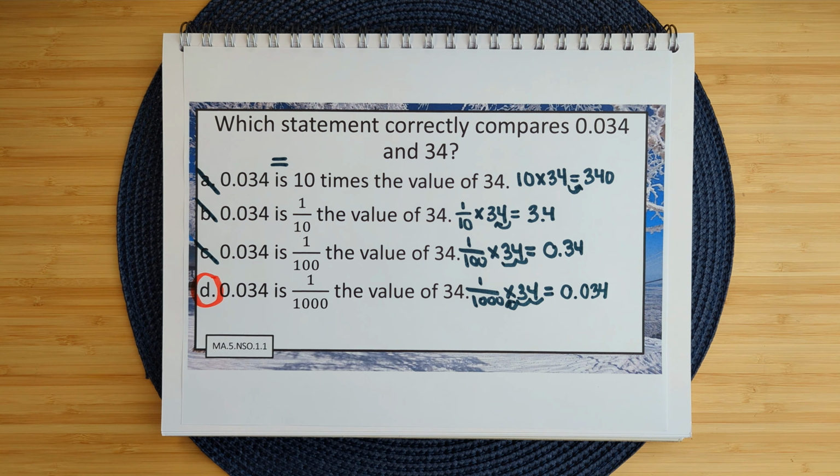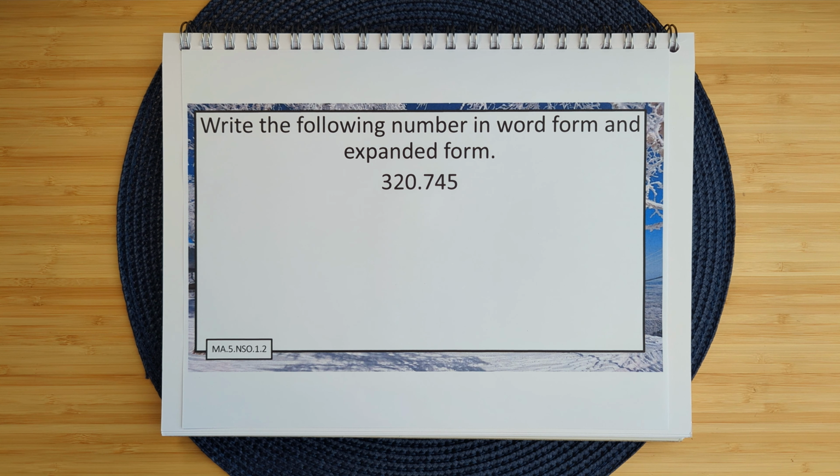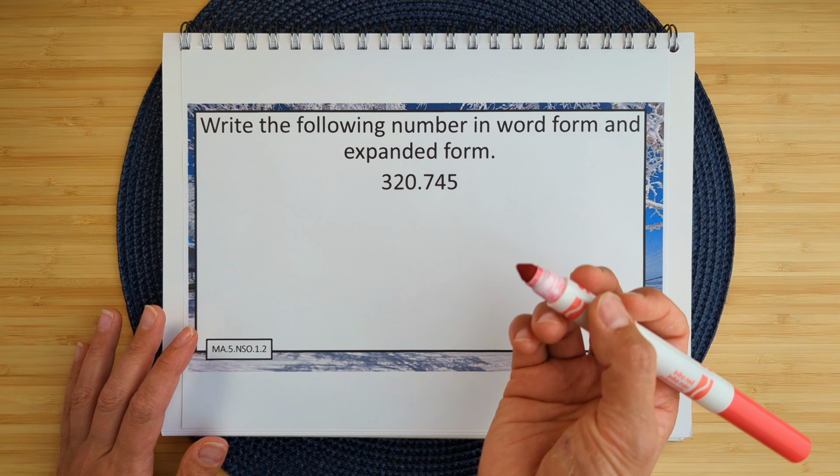All right, question number 2. Write the following number in word form and expanded form. All right, so in word form, I would write it as I would read it.